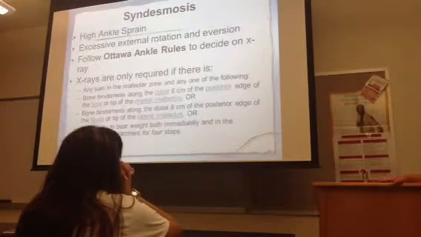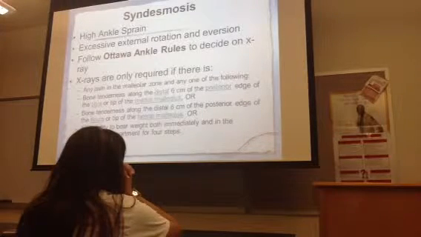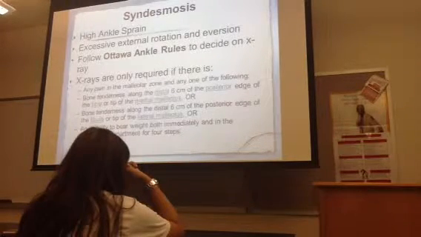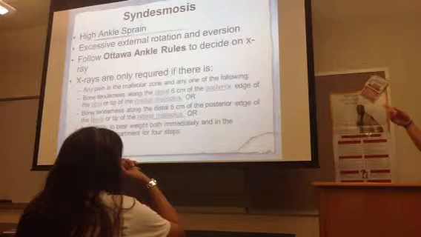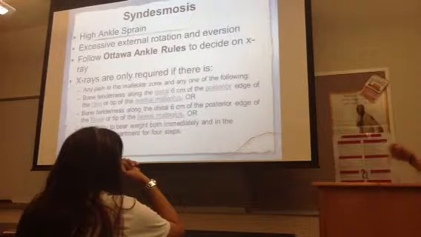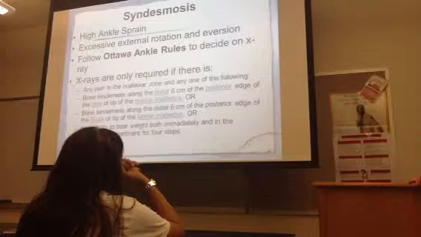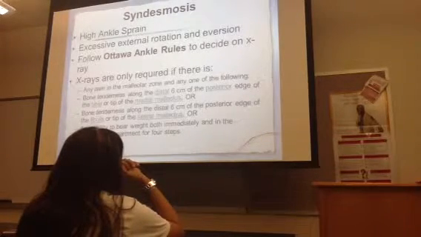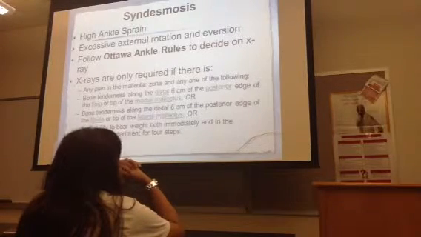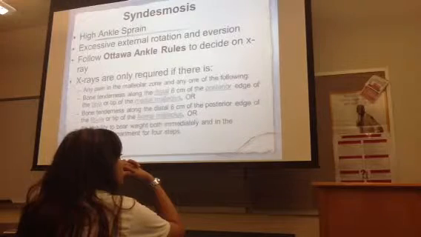But any pain around the malleolus, medial, and any bone tenderness as well: 6 centimeters of the posterior edge of the tibia or the tip of the medial malleolus, or bone tenderness along the posterior edge of the fibula or tip of the lateral malleolus, and then an inability to bear weight both immediately and in the emergency department for 4 steps.